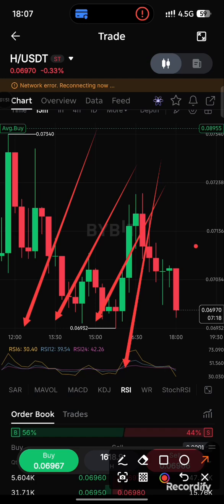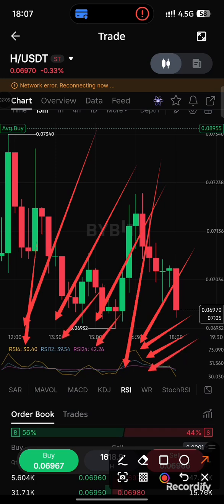The first RSI is this yellow line, the second RSI is this other yellow line, and the third RSI is this purple line. Now you have these 3 RSI always on.